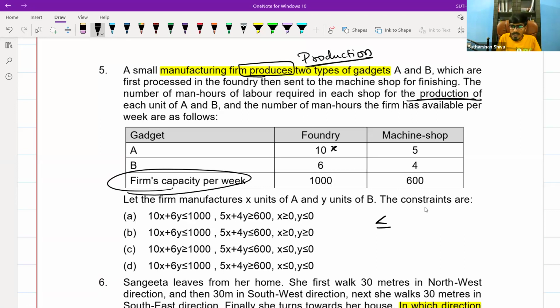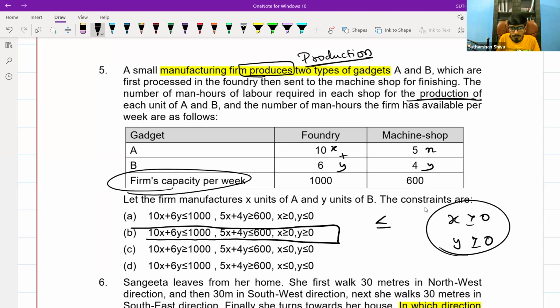This is X, this is Y. Then it becomes 10x plus 6y less than 1000, 5x plus 4y is less than 1000. Always X and Y variables will be greater than or equal to 0. So it will become option B as my answer.